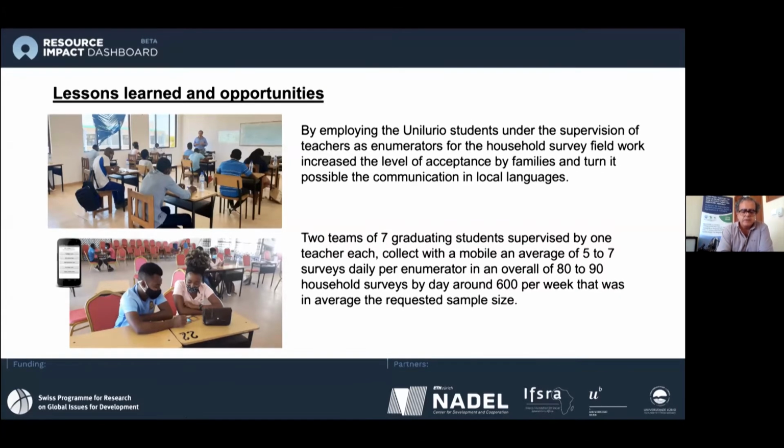That was on average the requested representative sample size for each site.